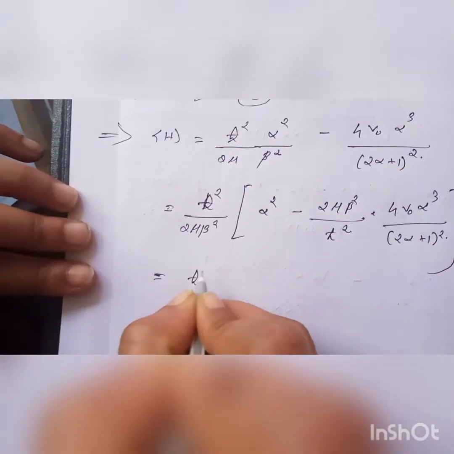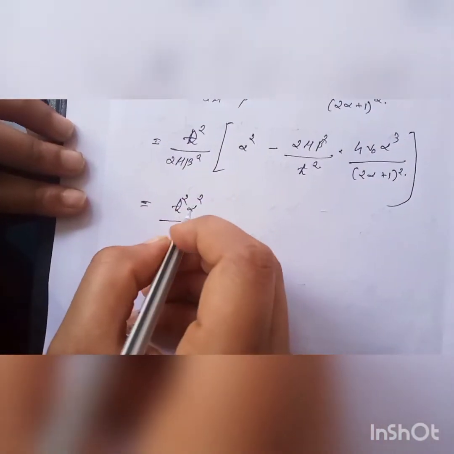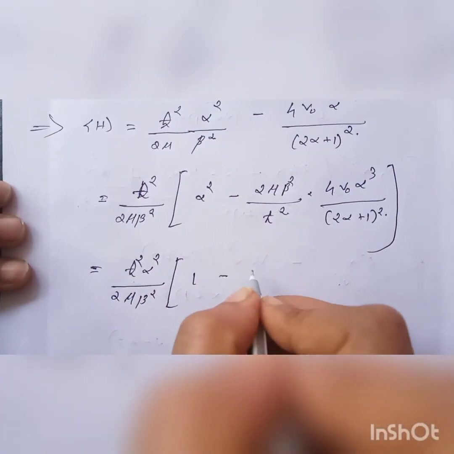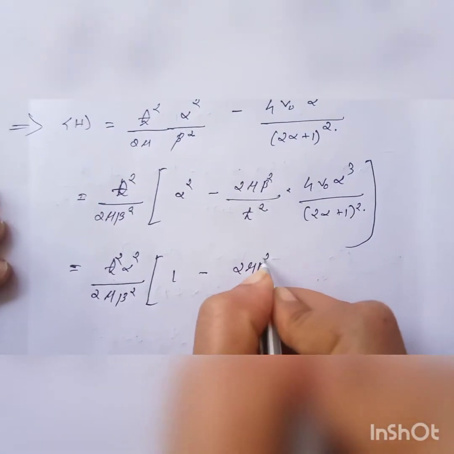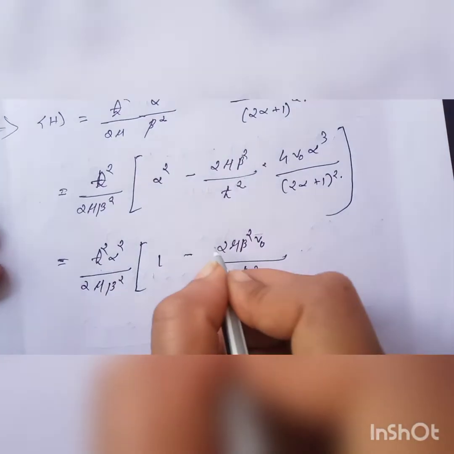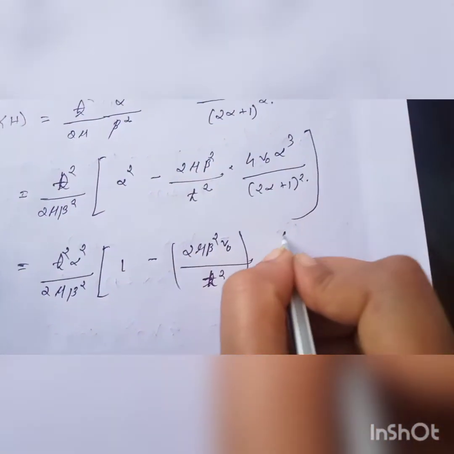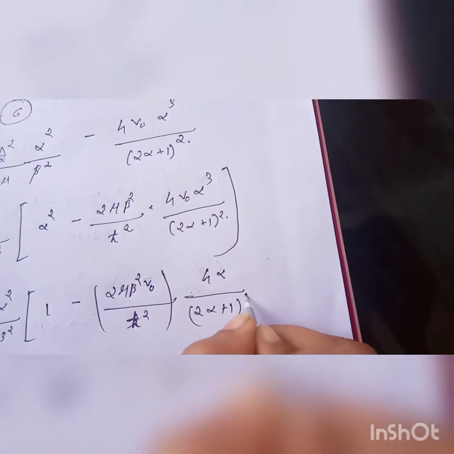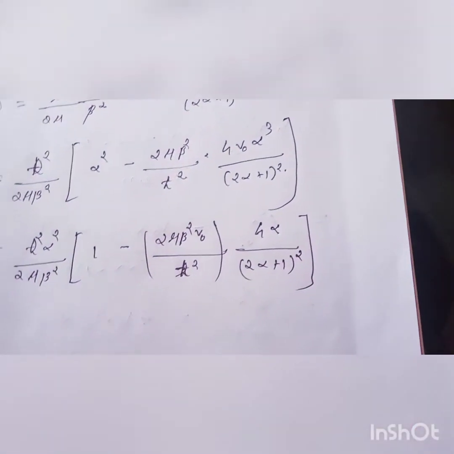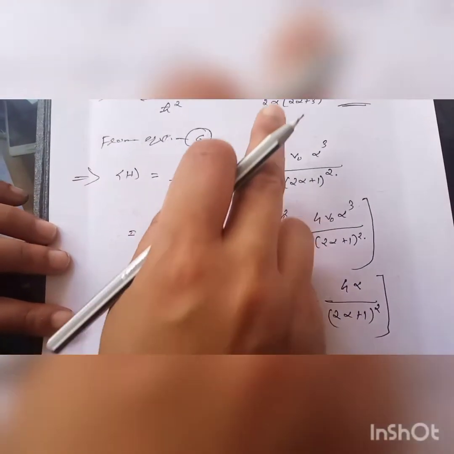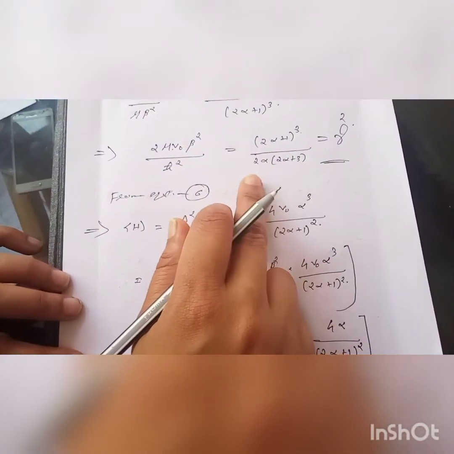Then taking ħ²α²/2μβ² outside the bracket, then 1 minus 2μβ²V0/ħ² into 4α divided by (2α+1) the whole square, and apply here the value of alpha.